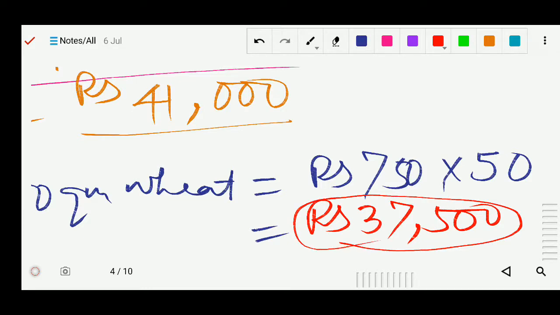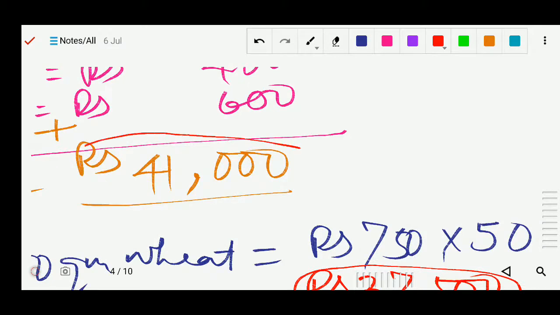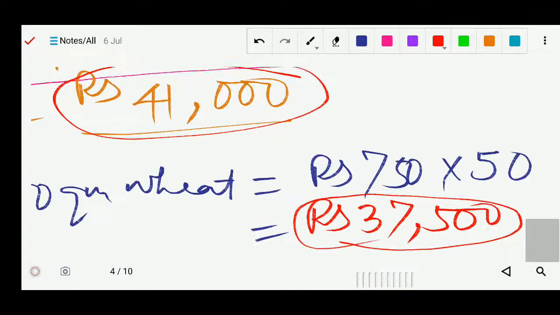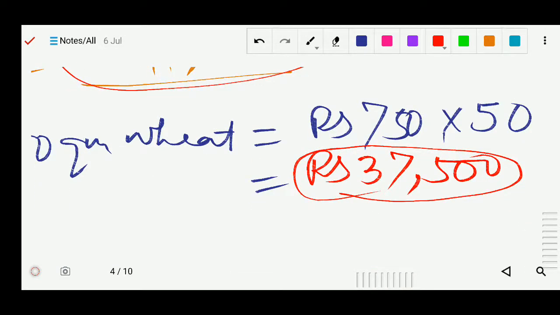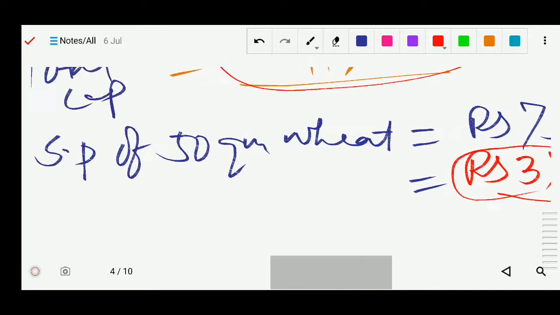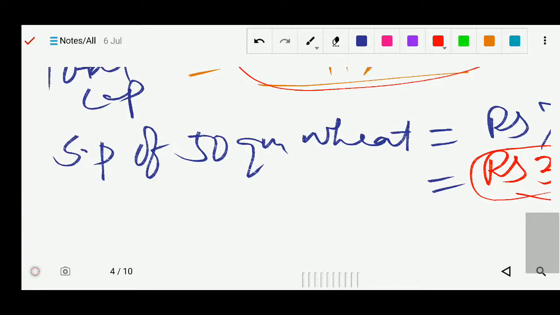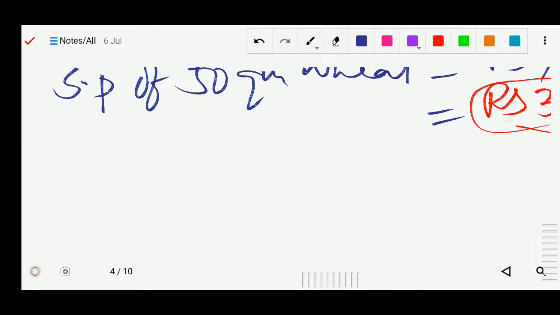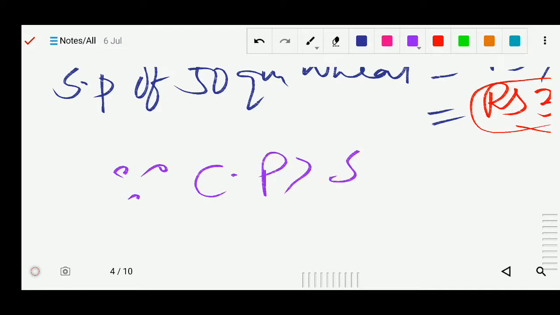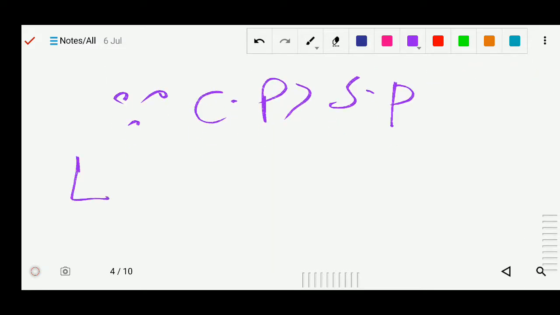Now you can compare. This is the selling price, and this is the cost price of 50 quintal wheat. The conclusion we are getting here is that CP is greater than SP, so it means it will be a loss.